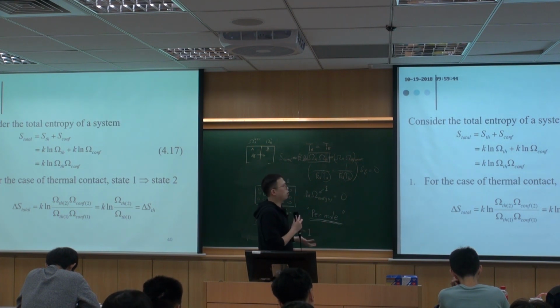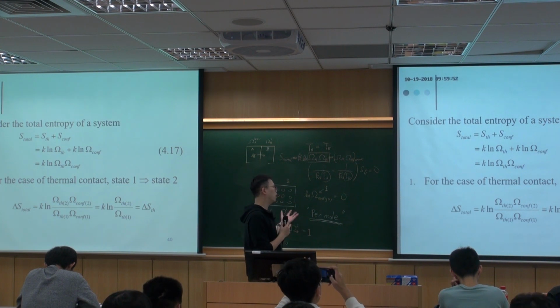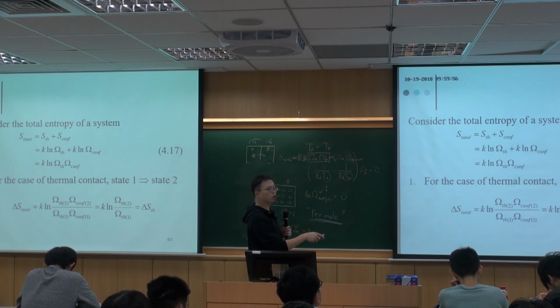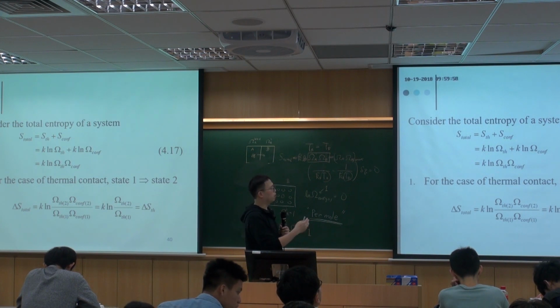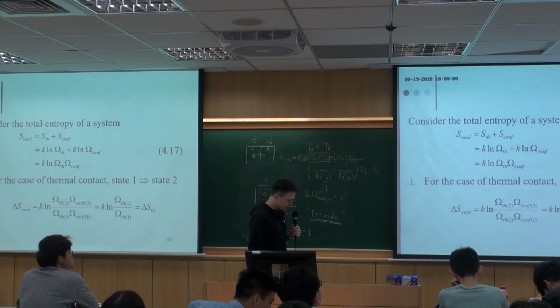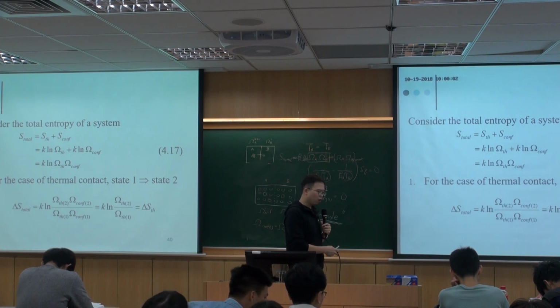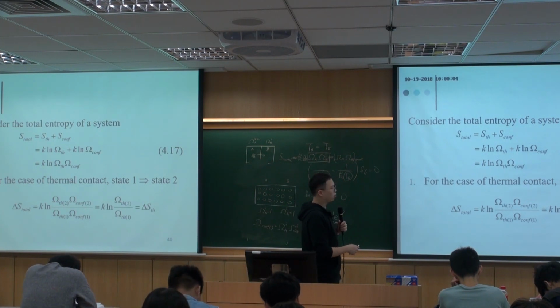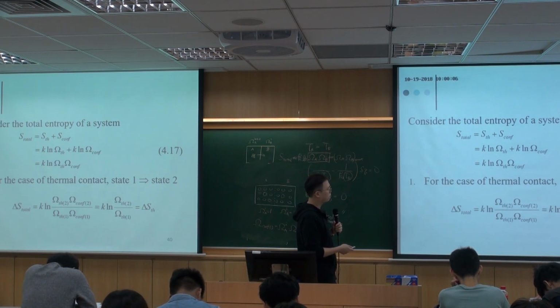If nothing changed in terms of omega thermal, then you don't have to worry about heat, for instance. Then you can say this is 1. But if there's some change in terms of thermal omega, then you have to take that into account.